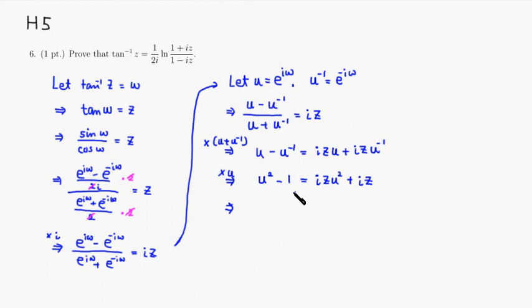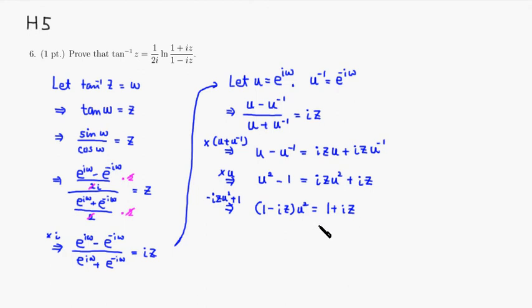Then I'm going to subtract izu squared and add 1 to both sides, so that we have all the u's on one side. So it's going to be 1 minus iz, times u squared, equals 1 plus iz.